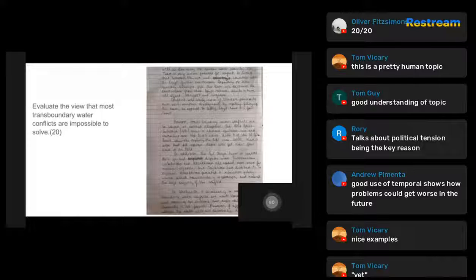Have I evaluated? Have I come to a judgment at the end of my paragraph that relates back to the original question? Have I given evidence for and against, or just for? And does that help to answer the question or not? Words like to a large extent, to a small extent, yet, despite, are going to be really good to use because they help show your authority over the topic itself. Right, next.